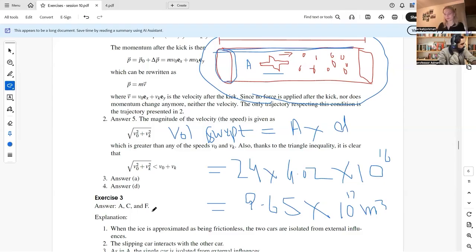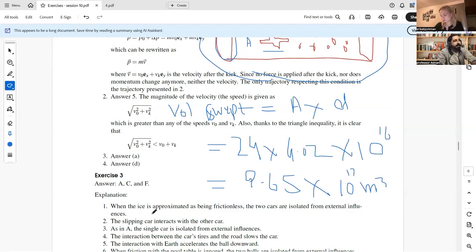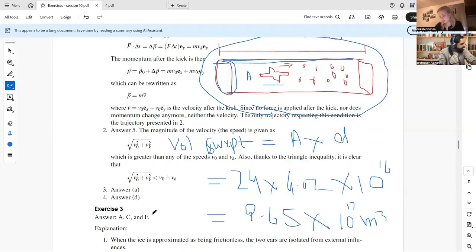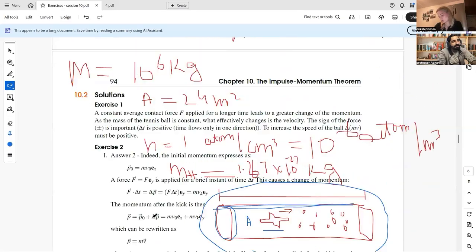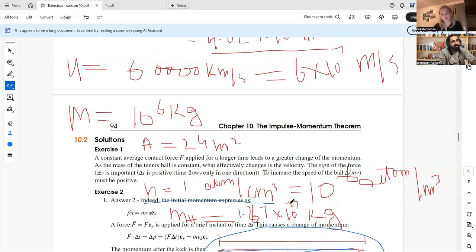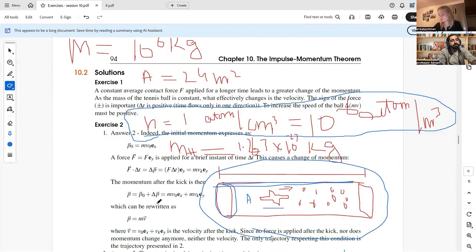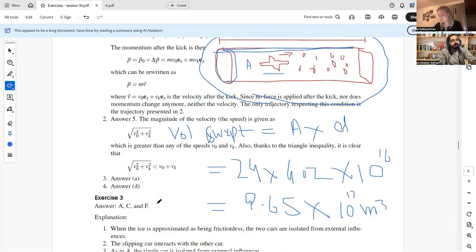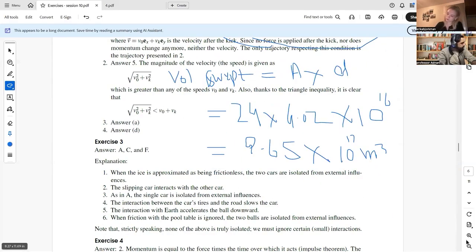So now we know the volume, and also we know the number of hydrogen atoms per meter cube. If you know the volume in which hydrogen atoms are existing, and also the number of hydrogen atoms per unit volume, then you need to multiply them to calculate the number of atoms.